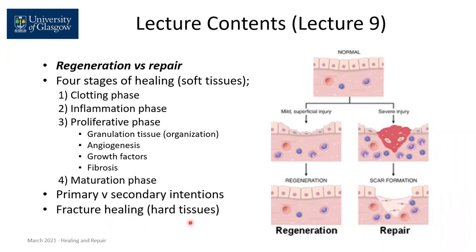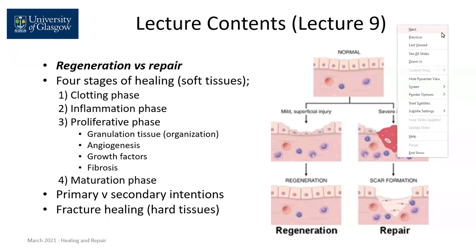And then in the last few slides of today's session, we'll talk about healing of hard tissues and we'll provide the fractures of bones as an example. And hopefully you'll learn a lot more about this process in other sessions from other lecturers, but we'll touch upon it today.